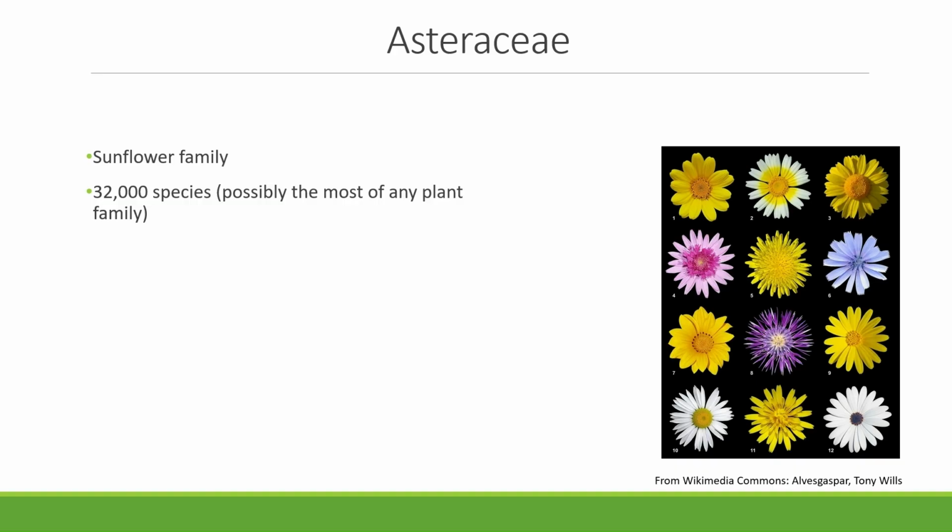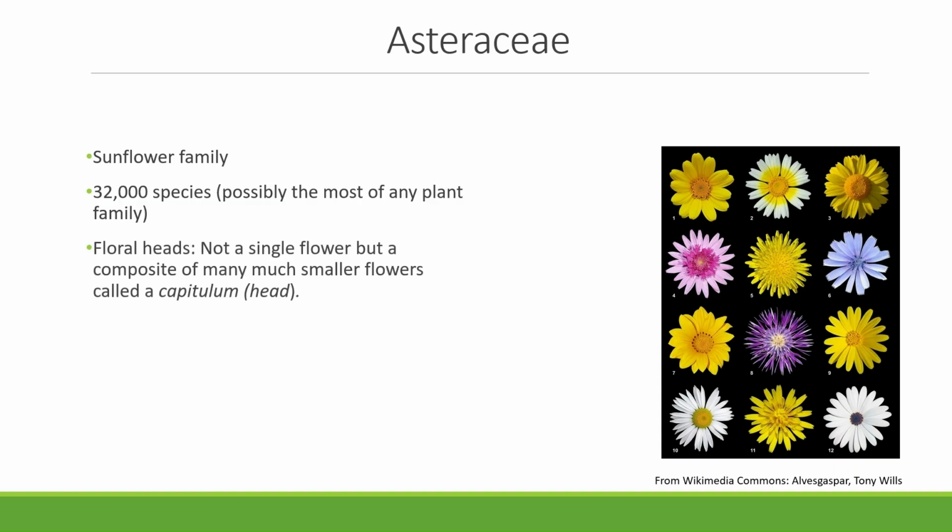The sunflower family, Asteraceae, is possibly the largest of the flowering plants, with approximately 32,000 species. You'll find many of these plants in the wild as well as in people's gardens. And when you know their unique flower type, you should be easily able to identify it within this plant family. What looks like a large single flower on a sunflower or daisy is actually a composite head, or capitulum. This is made of many much smaller individual flowers packed tightly together.